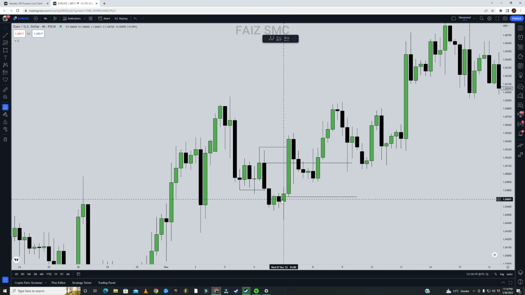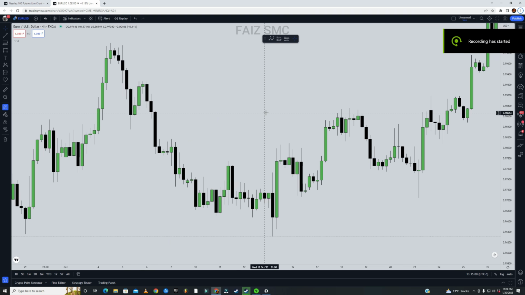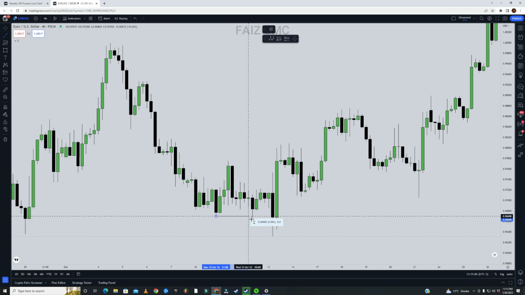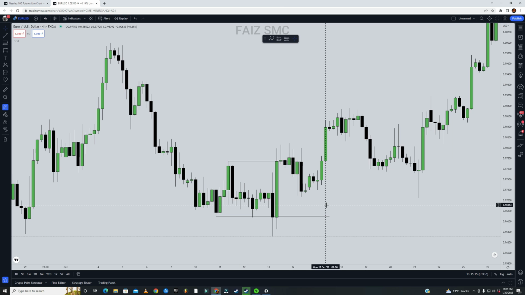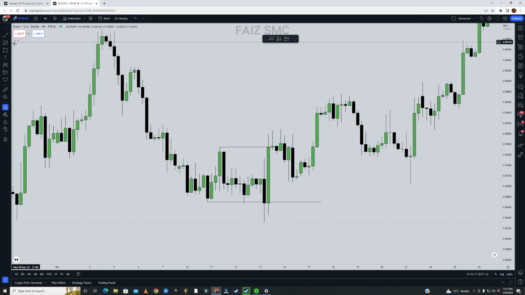So let me give you guys another example. All right, guys, so here is example number 2. You can see we have lower low, lower high. So we have this liquidity level and we create another lower low, but this was actually a liquidity sweep. And right after that, we have a market structure shift right here. And this right here, the body of the candle, is the last candle.